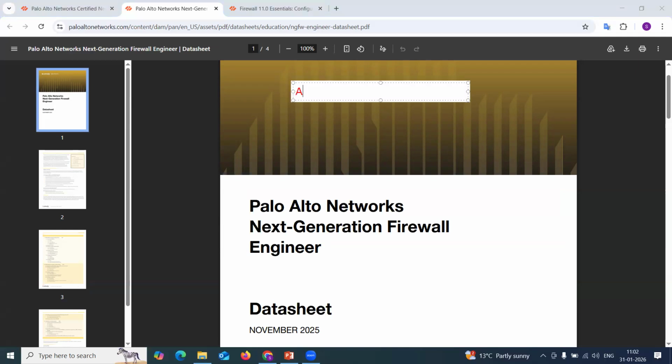I have taken all topics from EDU 210, everything from Panorama, and everything from this next generation firewall engineer course.